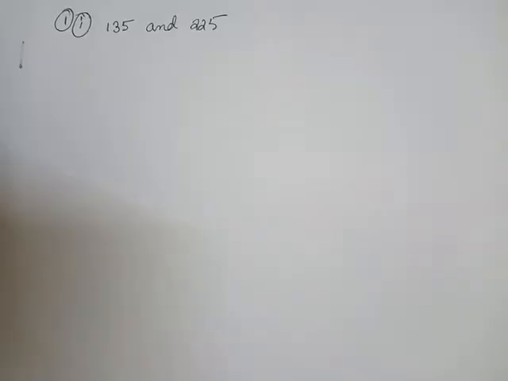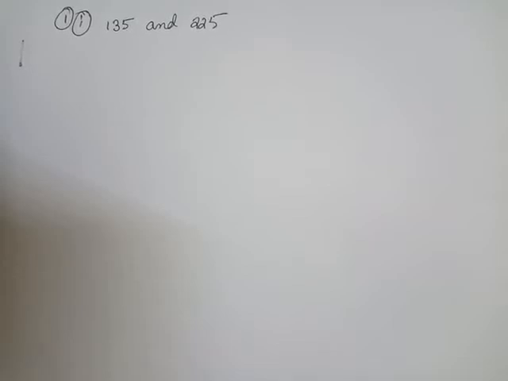Now students, look, the first question is 1 Roman 1: 135 and 225. We have to find the HCF of the given 2 numbers. Before solving this one, we have to check which number is bigger. Here 225 is bigger and 135 is smaller than 225.